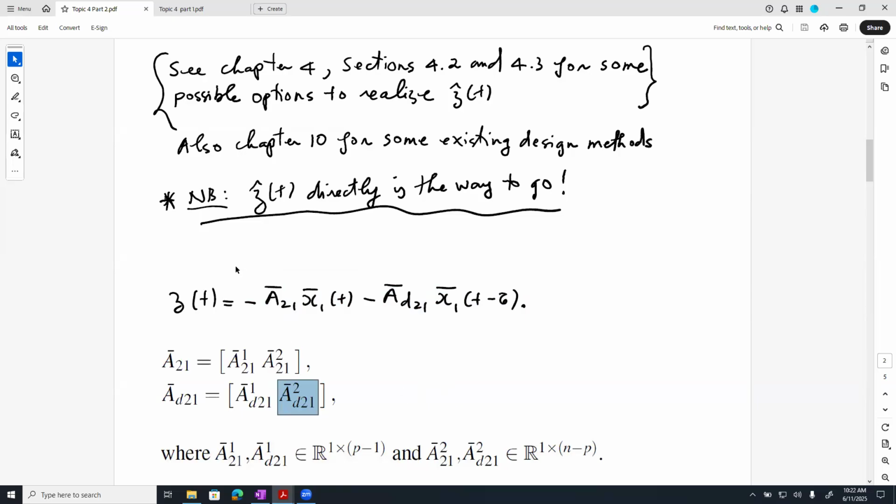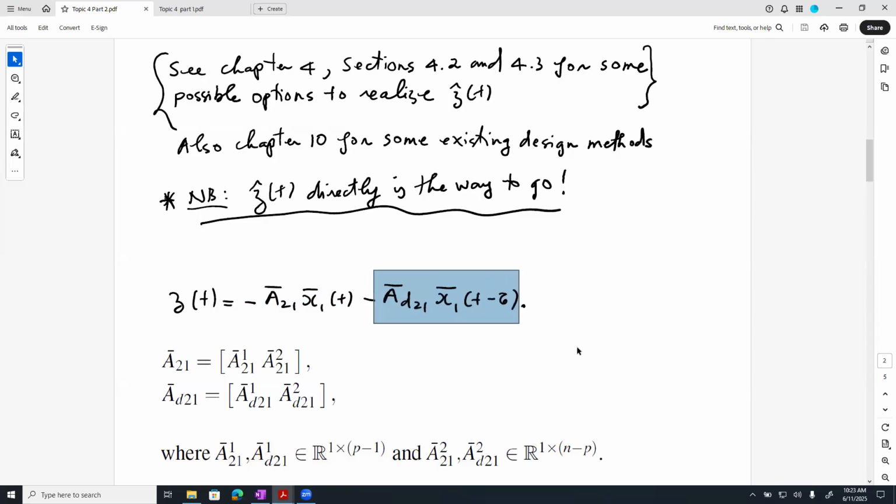that means that we have to realize that term and this term by a functional observer. Now, remember, we did not know how to realize a delayed state vector, a linear functional of a delayed vector like that.